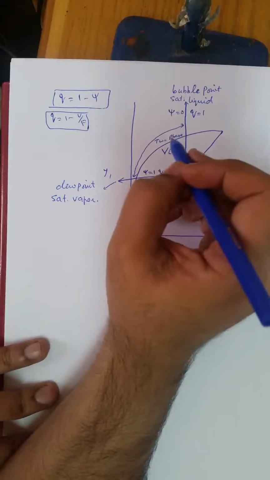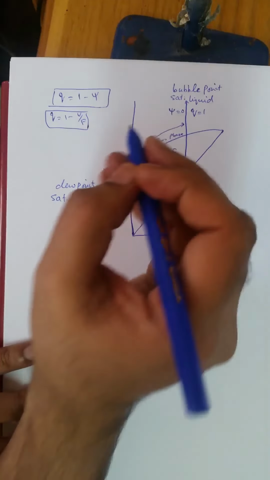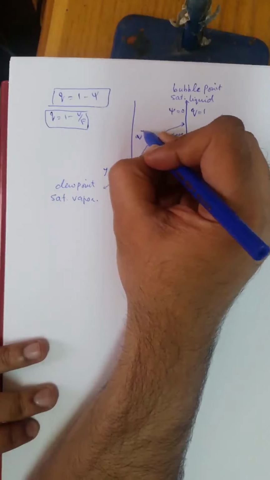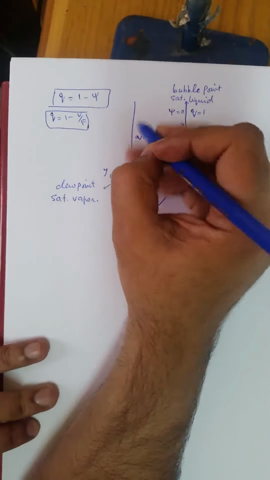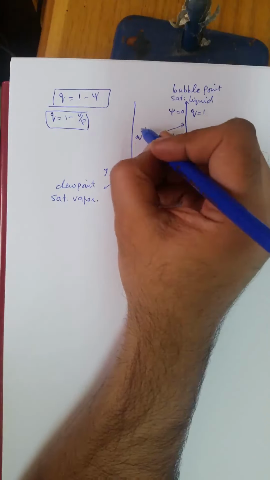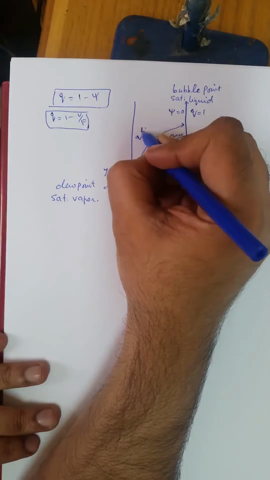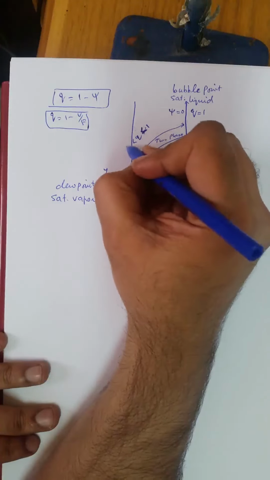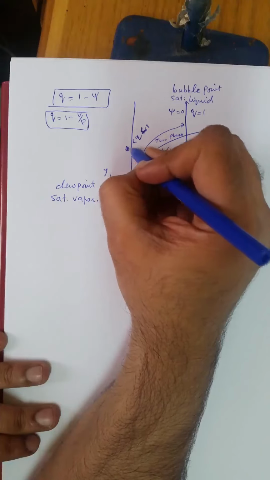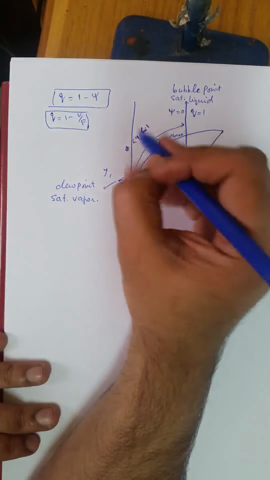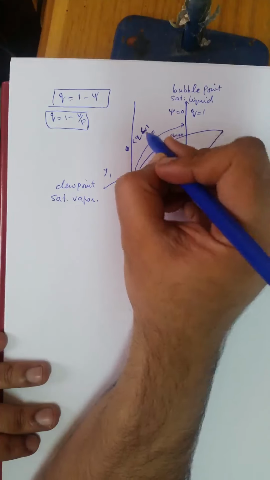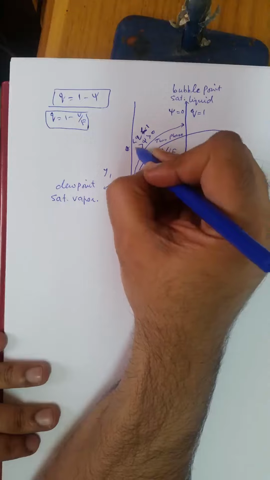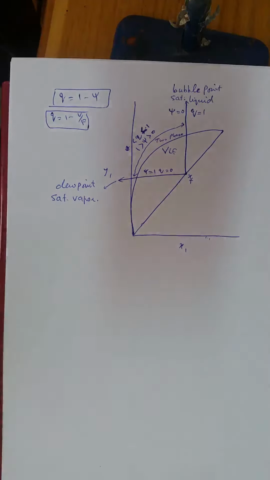The feed that you are entering is already two phase, and here the Q or psi value is from 0 to 1.